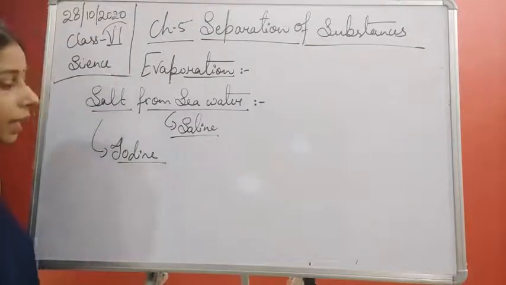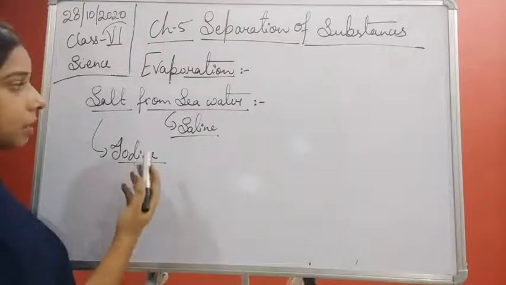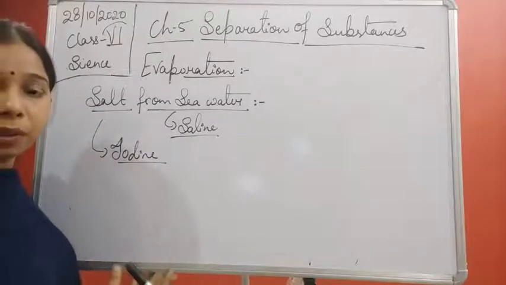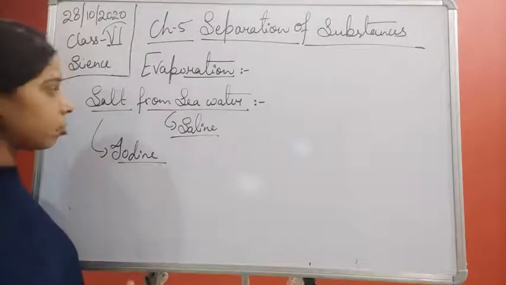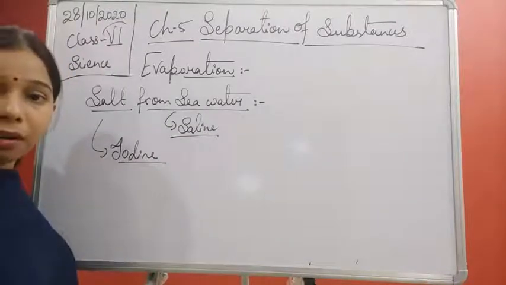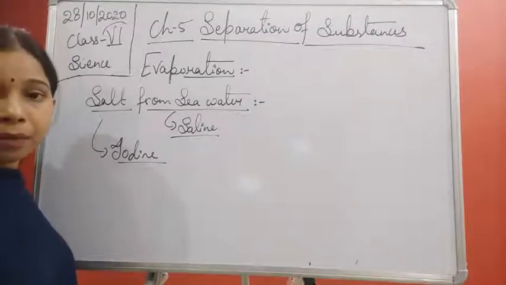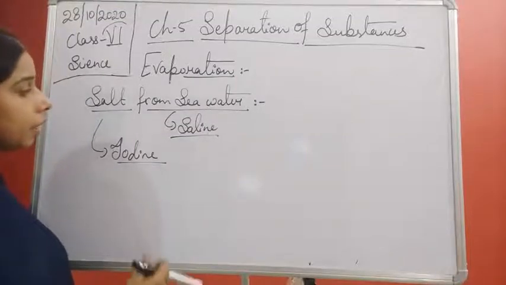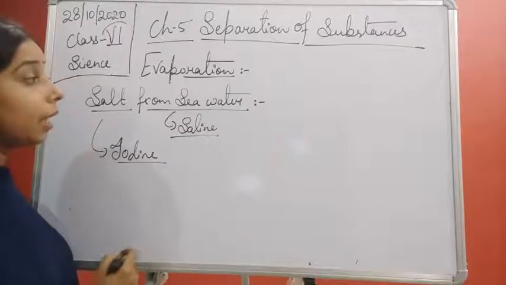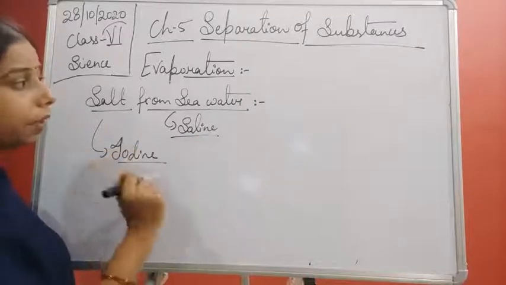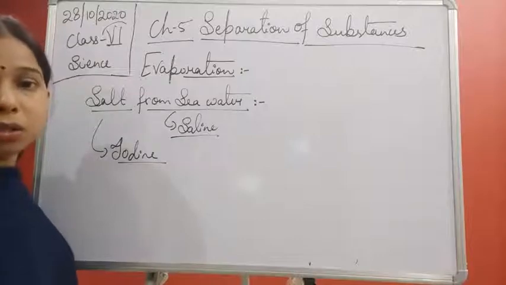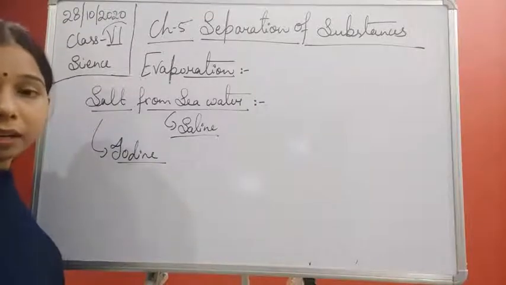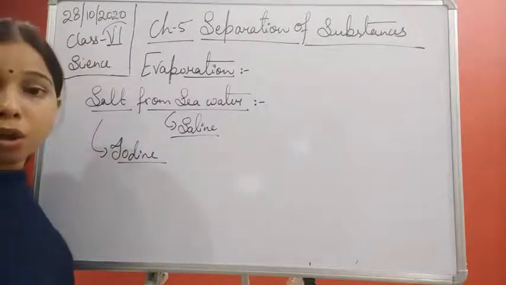So it is very important that we consume a sufficient amount of salt in our diet. This salt is present in seawater in a major amount. The whole seawater is saline water, meaning it consists of salt.